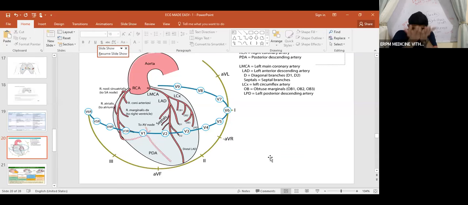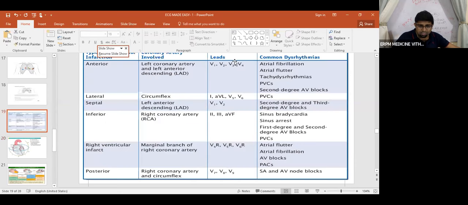V3, V4 are looking at the anterior surface. V5, V6 are looking at the lateral surface. Lead 1 and AVL are looking at the lateral surface. Lead 2, lead 3, AVF look at the inferior surface.